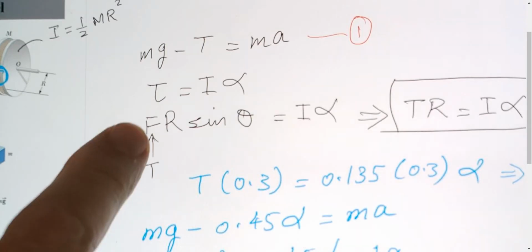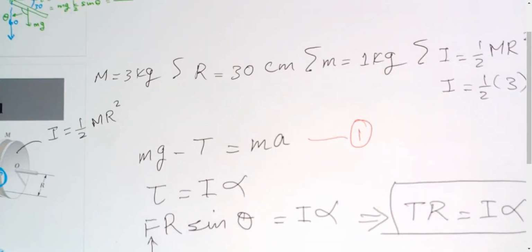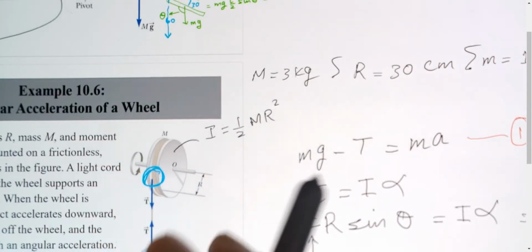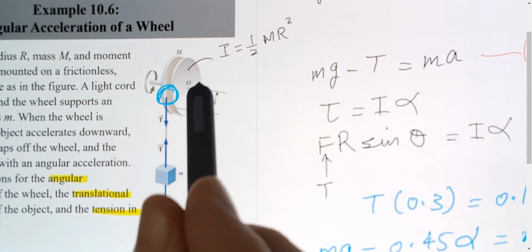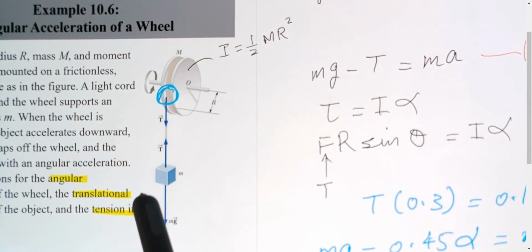Meaning the object is going up instead of going down. But how will the system go up instead of going down? How will this system go up instead of going down?